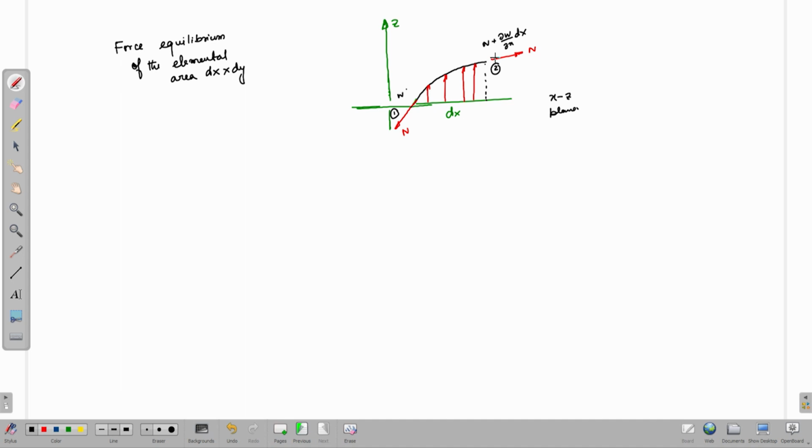Now, let us try to write down force equilibrium in the z direction. So, I missed writing here in the vertical or z direction. If I write down, then I have minus N dy del W by del x. I am taking the vertical component, I am basically taking this component.